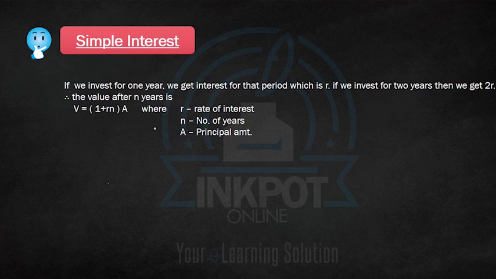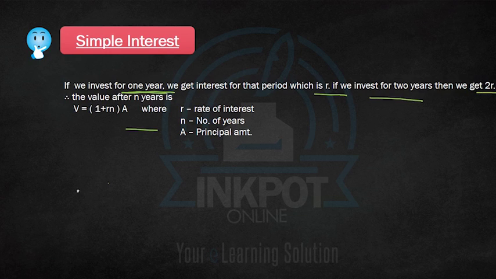All right, so let's start with simple interest, which means that we are looking at trying to invest for 1 year. And when we are saying 1 year, you get interest for only that period, and for that period, the rate of interest is R. If we decide instead to invest for 2 years, then what we get is 2R.